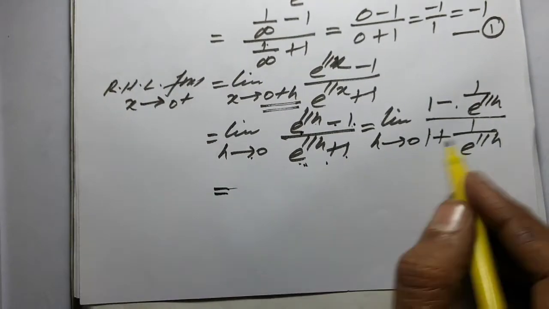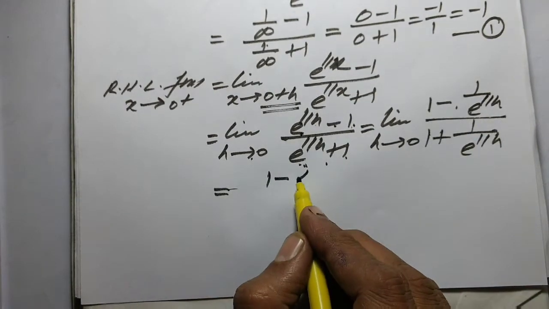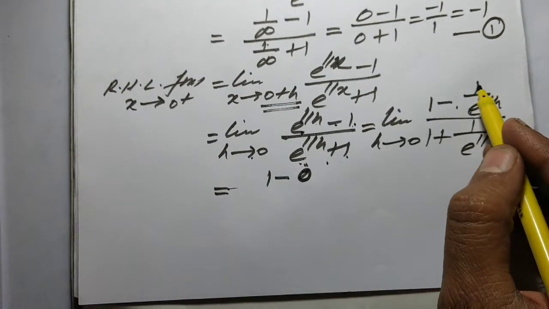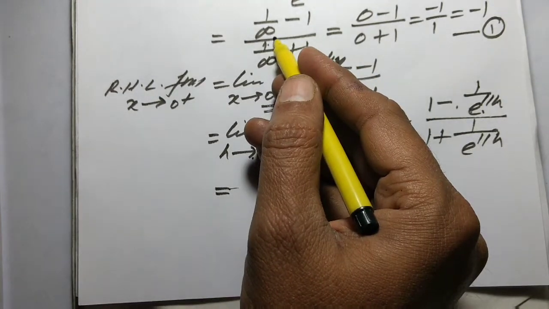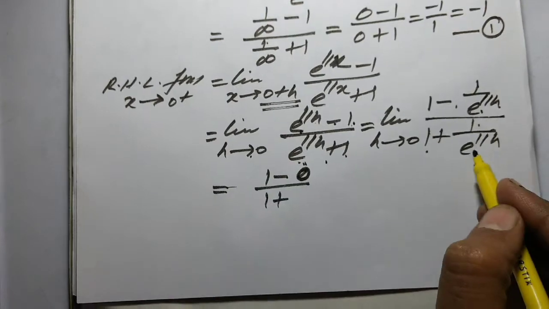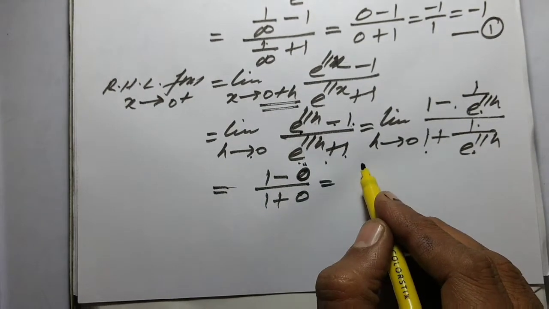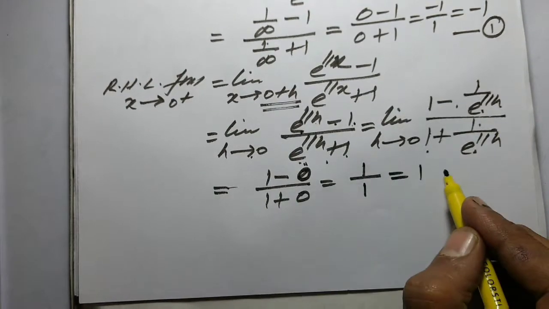Now if we apply the limit in this expression, we have 1 minus 0, because 1 upon infinity is 0, as we have done in left hand limit, upon 1 plus 1 upon infinity, that is also 0. That is, we have 1 minus 0, that is 1, upon 1 plus 0, that is 1. 1 upon 1 is equal to 1.